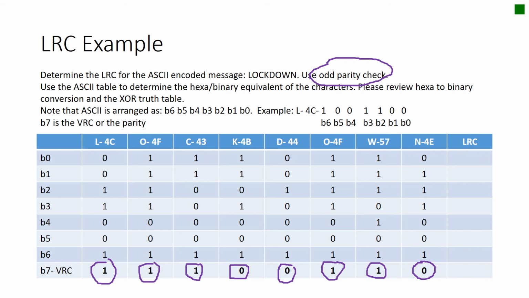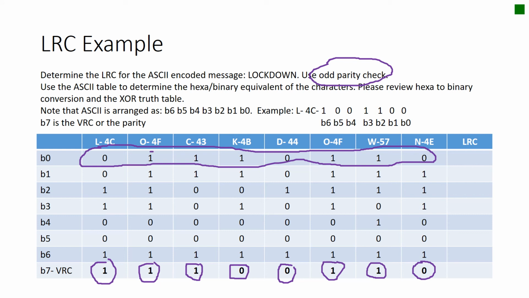This time, we need to count the total number of 1s per bit position for the entire message. This is your zero order bit position for the entire message. Okay? We just need to count the total number of ones for the zero order bit. To determine the odd parity check, the parity should force the total number of 1s to be odd numbered.